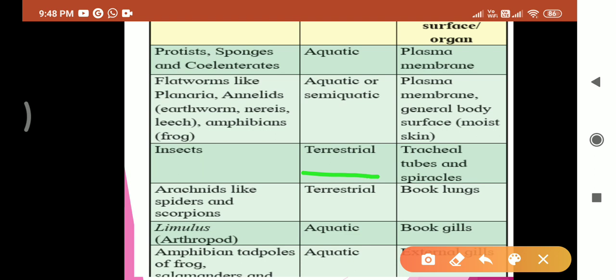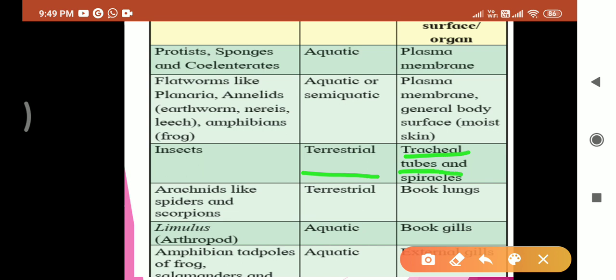From here the respiratory system develops, from the class insects. They have tracheal tubes.